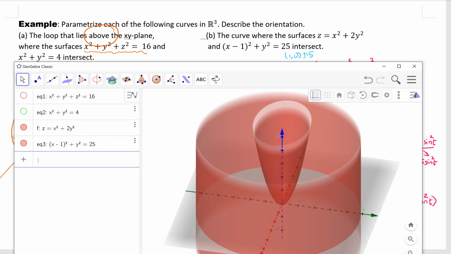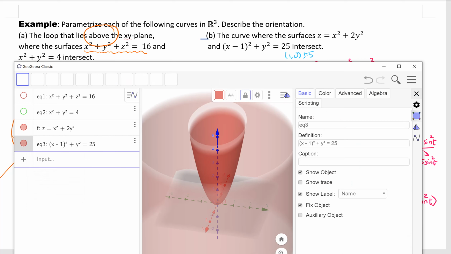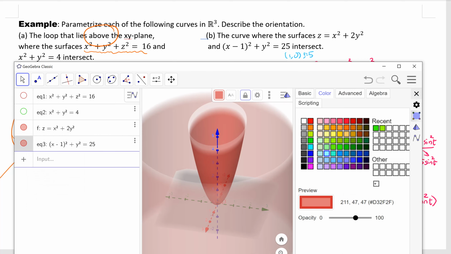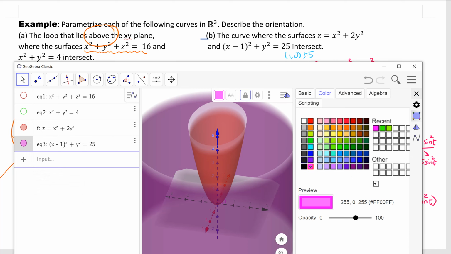Okay, and we can also click setting and change the color of it. How about this one? Let's change to orange. Okay, let's see. What does that look like?